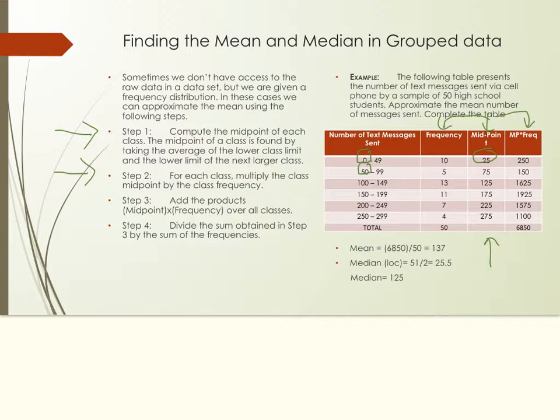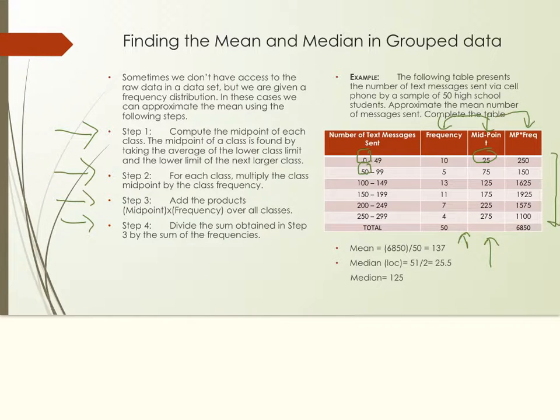Then step 3 is to add all of the column that we've just done with the products. In other words, we add the 250 to the 150 to the 1625 all the way down, and we get to 6850. And finally, we divide the sum obtained by the multiplication products by our frequency column sum, which is 50.